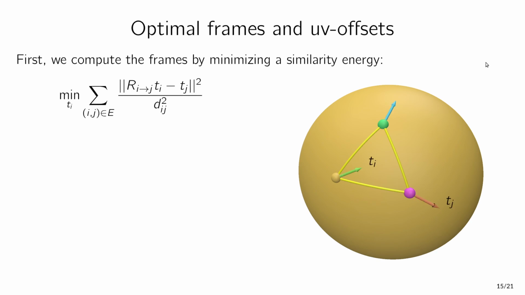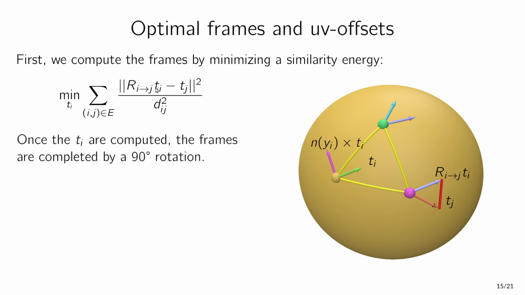And so what we do first is computing the smoothest vector field onto our merging graph, which we can do by minimizing a very simple quadratic energy that simply will penalize the difference between the vector of each node compared to the vector of its neighbor, right? So we penalize this difference. And once we have computed the smoothest vector field, we can simply complete it into a frame field on our graph by a 90-degree rotation. Okay? And so that's it for the frames.